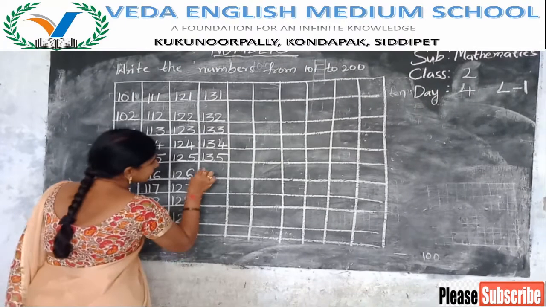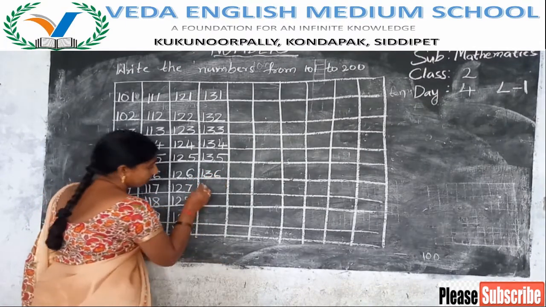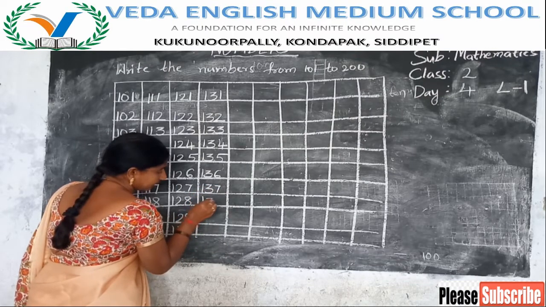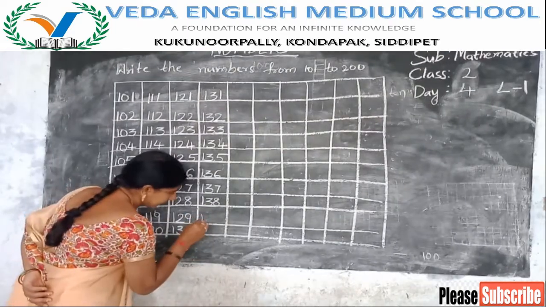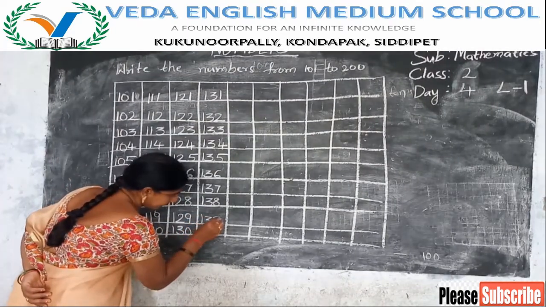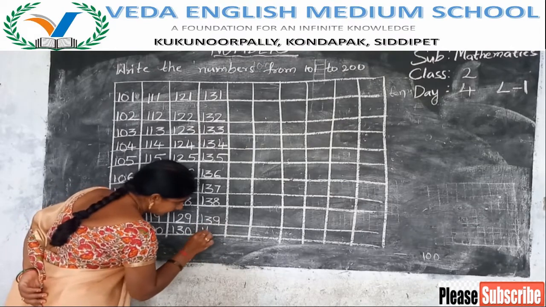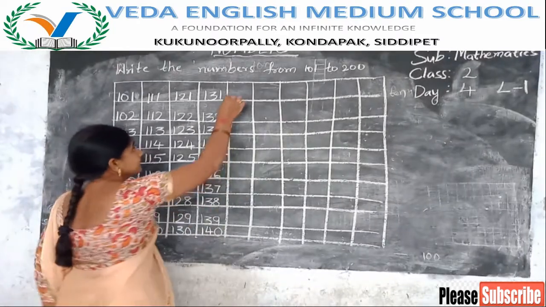The next number is 136, 137, 138. The next number is 139. After 139 is 140. Okay.